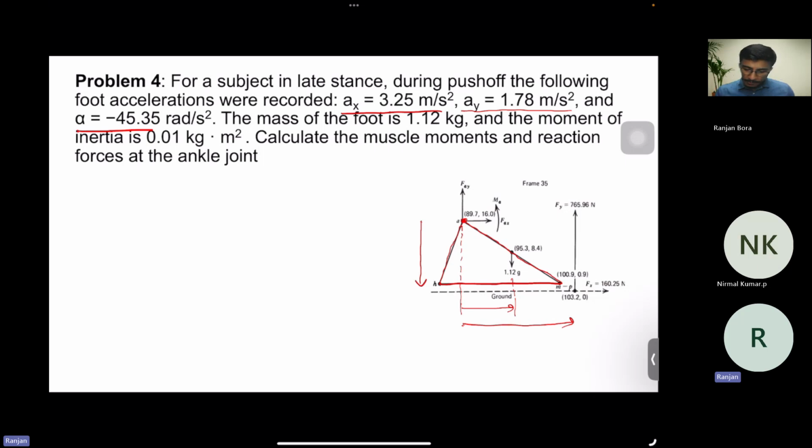So here this distance is 5.6, in centimeters.